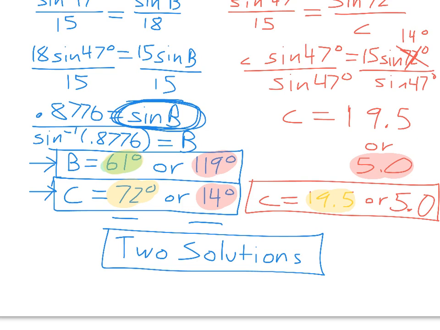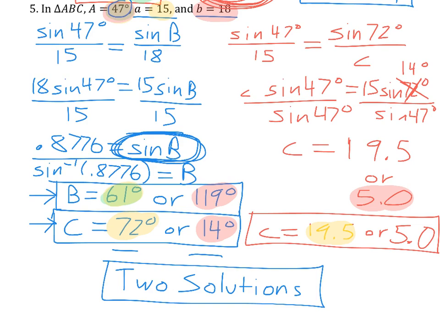Alright, so to quickly summarize, if you ever get sine of an angle and it's equal to a number bigger than 1, there's going to be no solution. Now if you get sine of the angle and it's smaller than 1, then there's either going to be 1 or 2 solutions. So after you find the first angle using inverse trig, the other possible angle is the supplement of that angle.